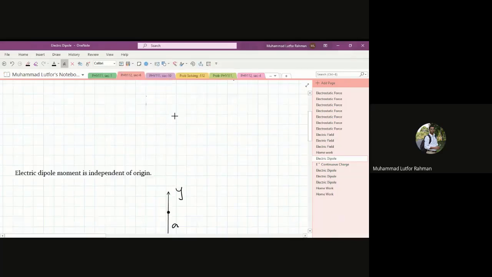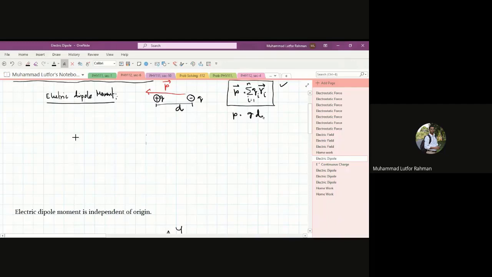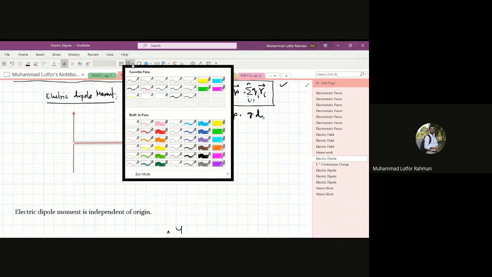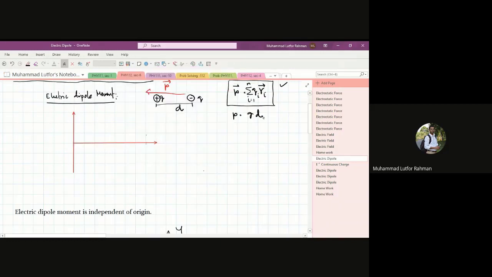Say I have a case like that. So this is my x-axis, and this is my y-axis. So I have 2 charges.